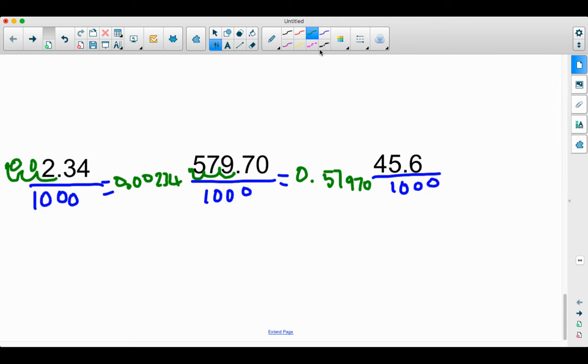Okay, we are moving the decimal point 1, 2, 3 to the left. So that will give us 0.0456. So this is how you divide by 10, 100, or 1,000.